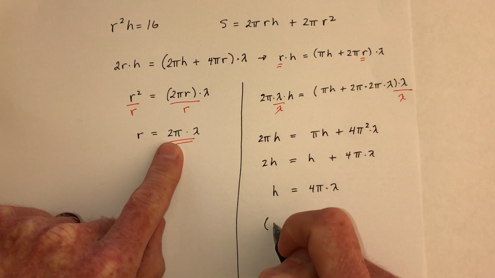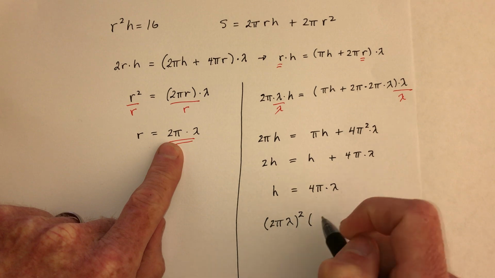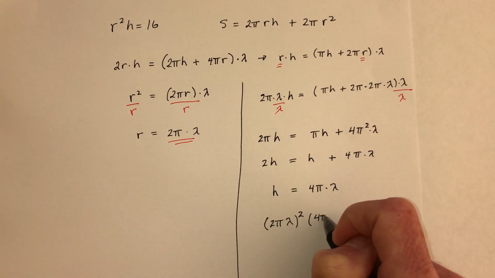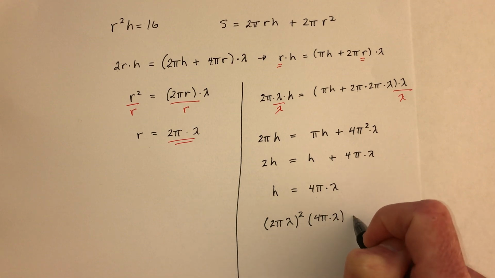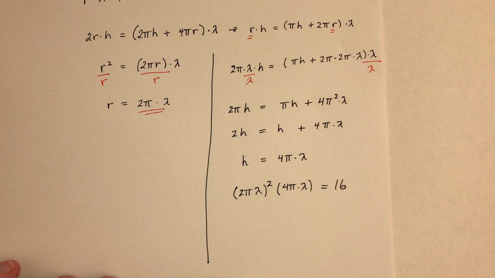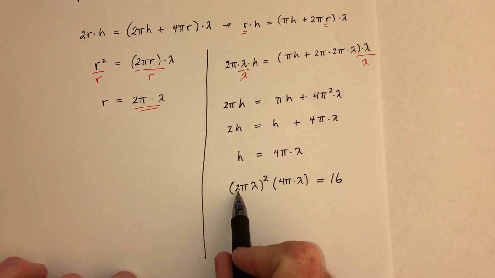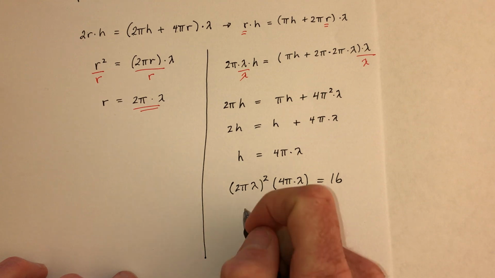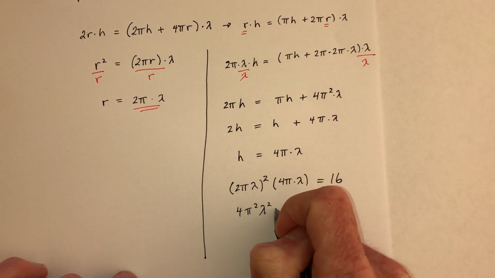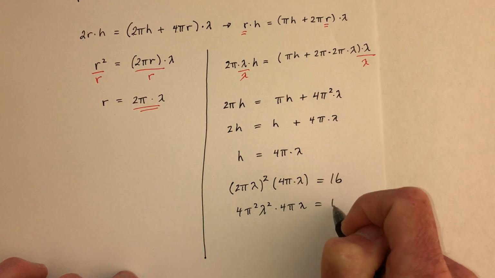So it's going to say 2 pi lambda gets squared times h, which is this one, 4 pi lambda, and that has to equal 16. We're almost done. So this is going to be squared, so that's going to be 4 pi squared lambda squared times another 4 pi lambda equals 16.